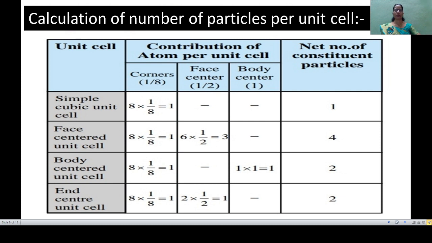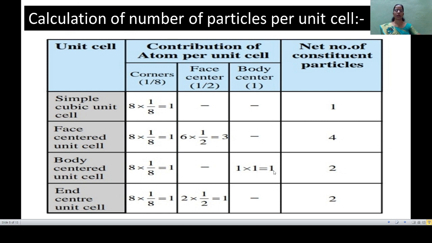Thus the total number of constituent particles is 1 plus 3, that is equal to 4. Now in body-centered unit cell, again 8 corner particles are present. Each gives its 1/8 contribution. Therefore, the number of particles at 8 corners is 1, while there is no particle at the face center, but only one particle is present within the body, and its contribution is 1.